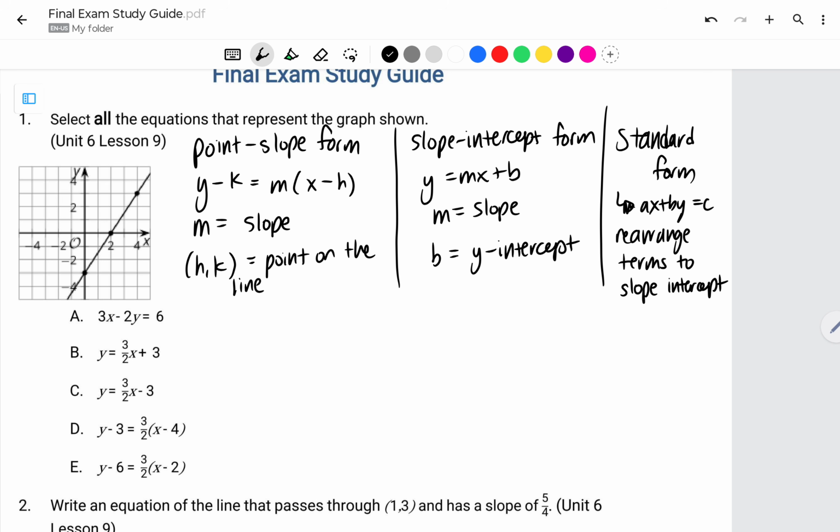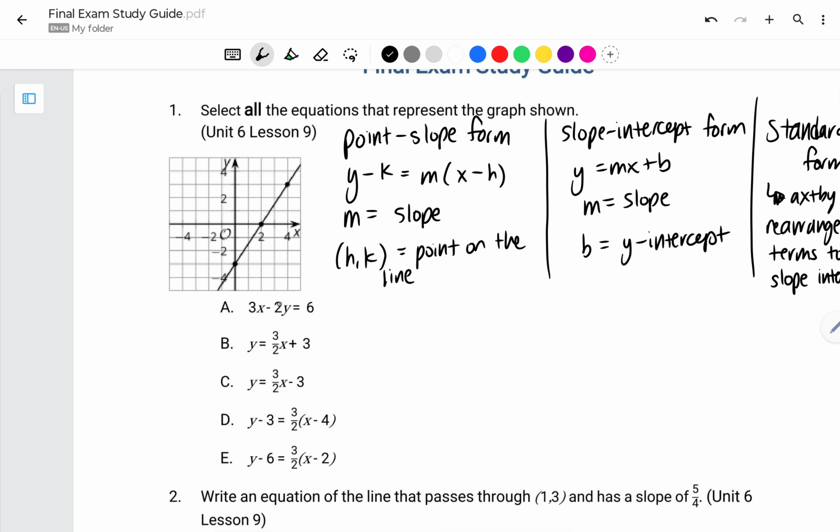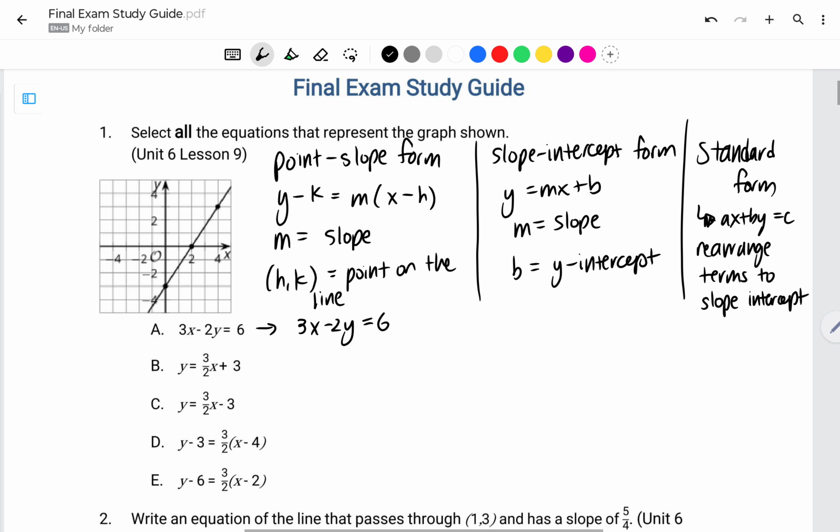Okay. So part A, we're trying to see if any of these represent this line. And I see this is a standard form, right? 3x minus 2y equals 6. So if it's the standard form, I need to rearrange my terms, get y by itself. Okay, so I'm going to go ahead and move some of these numbers.